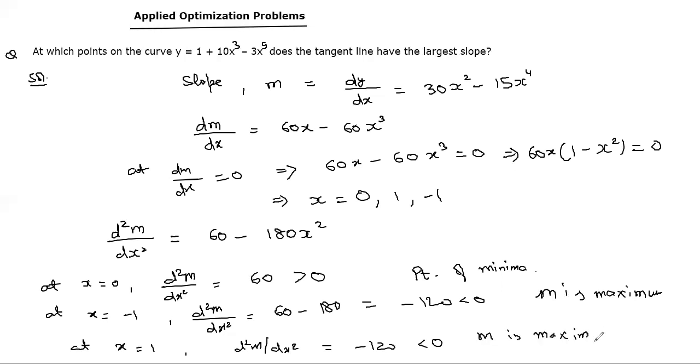So now we have to find the two points. The x coordinates are 1 and minus 1 respectively. We can further solve for the y coordinate. The curve is 1 plus 10x cubed minus 3x raised to power 5.